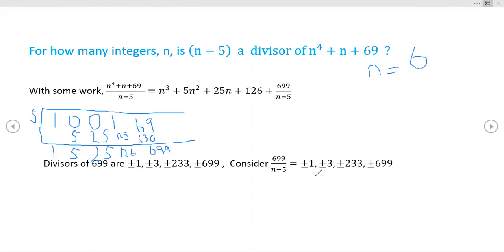Notice for n equals 6, that corresponded to the factors 699 and 1 here. See? So for n equals 6, the factor pair 699 and 1 was what was at play.